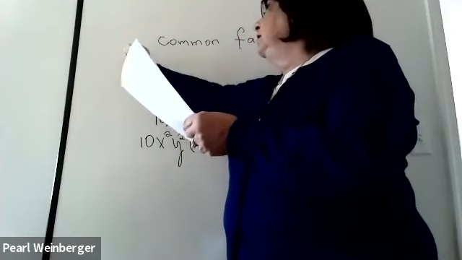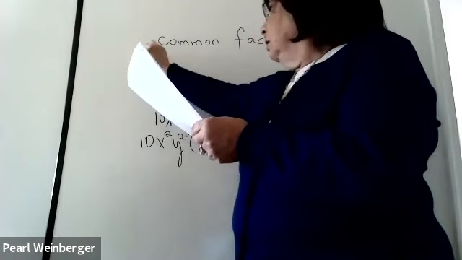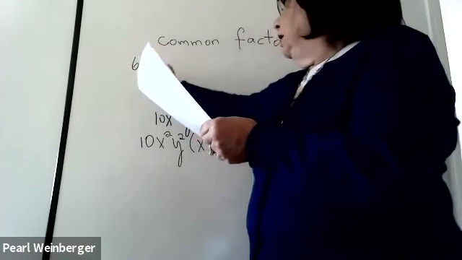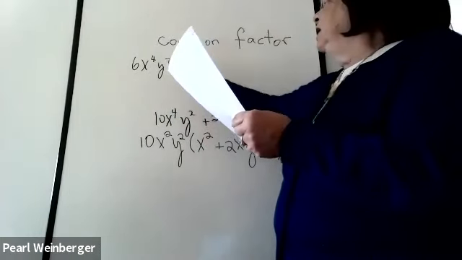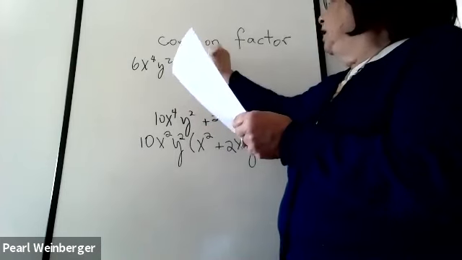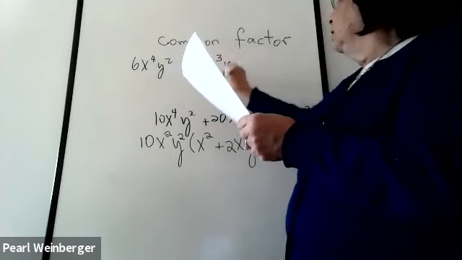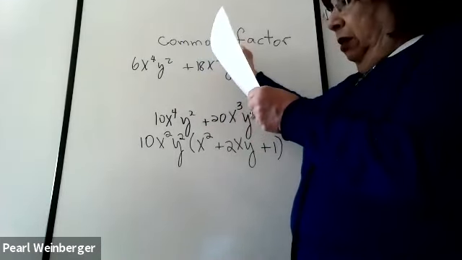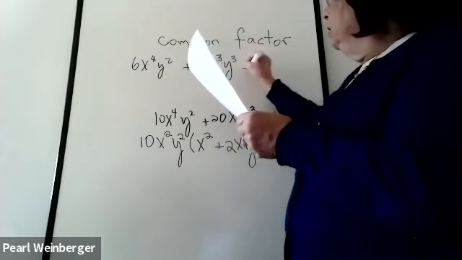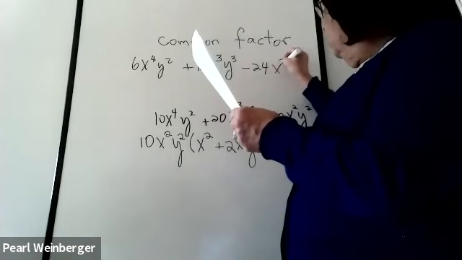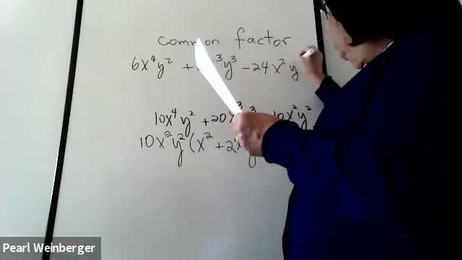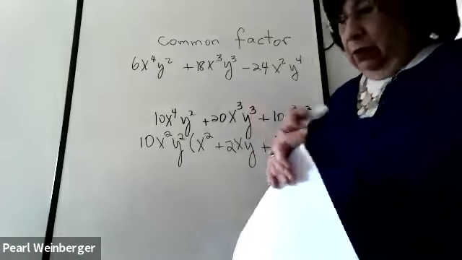It says 6x to the 4th y squared plus 18x to the 3rd y third minus 24x squared y fourth. I'll give you a few minutes to try that.